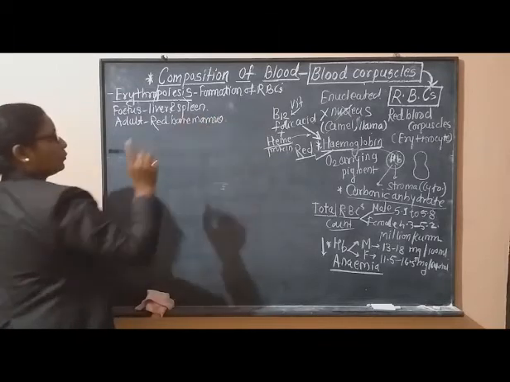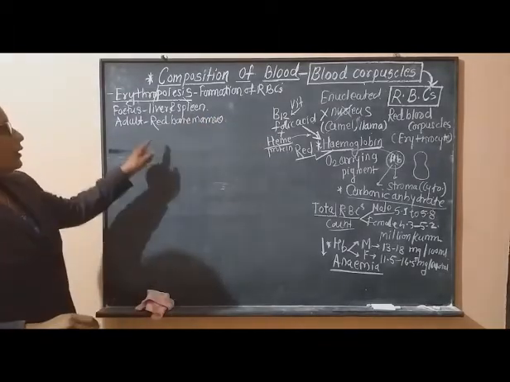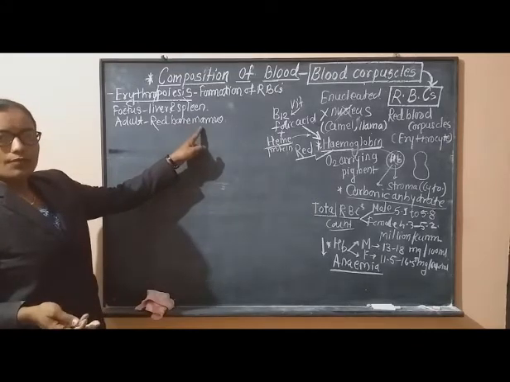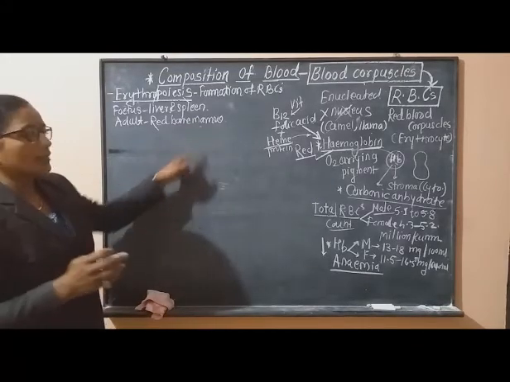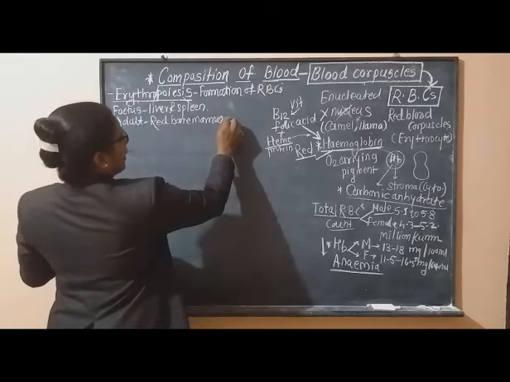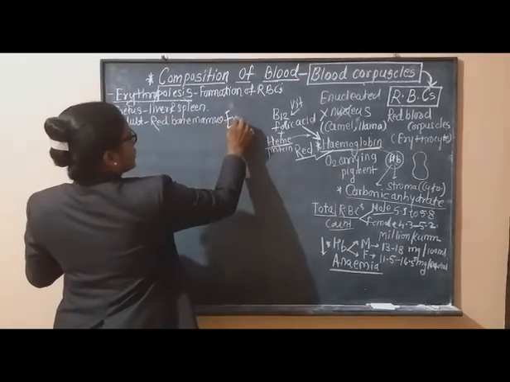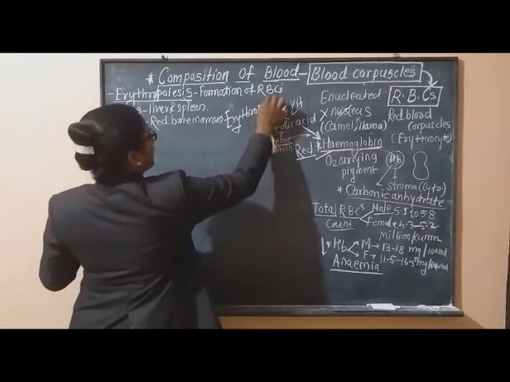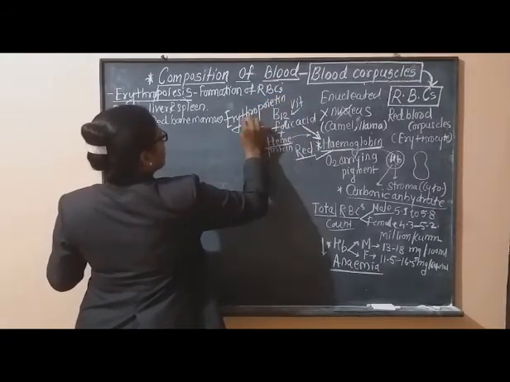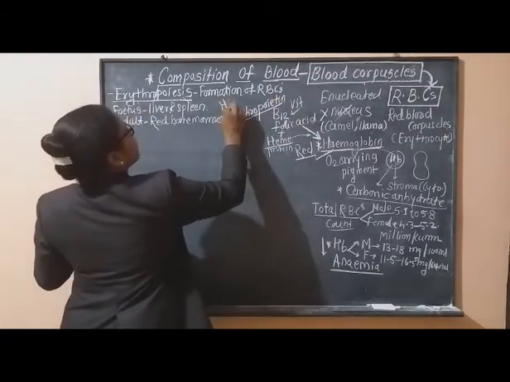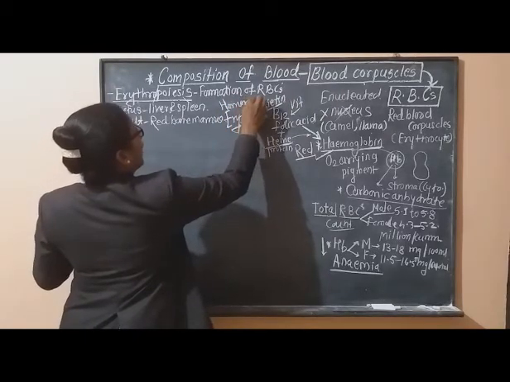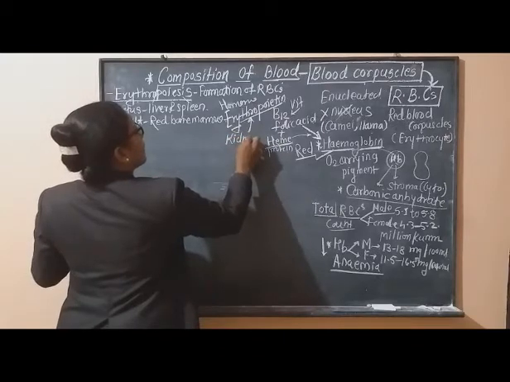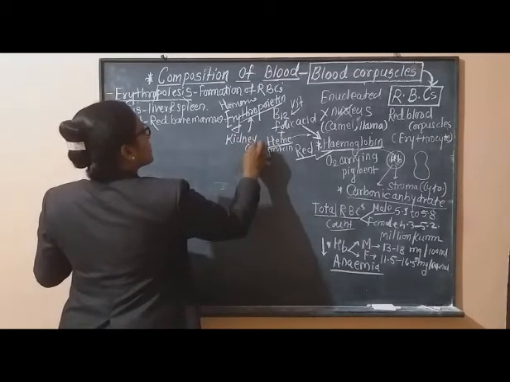Okay. Now one most important point: the red bone marrow is stimulated for the formation of RBCs by a hormone. This hormone is known as erythropoietin. This erythropoietin is a hormone secreted by our kidney cells.